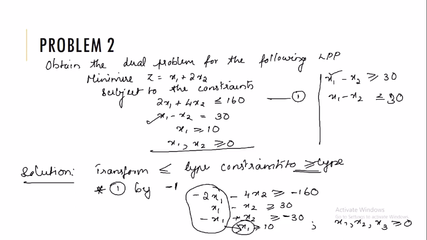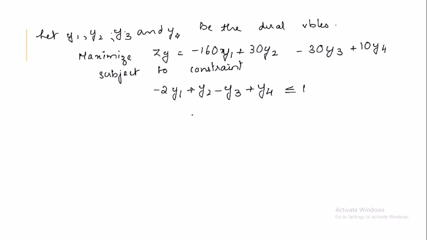This is also a part of the first constraint. What about the second constraint? Second constraint, you can write it similarly as minus 4y1 minus y2 plus y3 less than or equal to 2. So there are only two constraints right now, and y1, y2, y3 and y4 are greater than or equal to 0. Okay, so this is what you are getting right now.